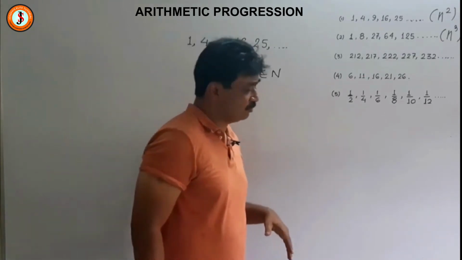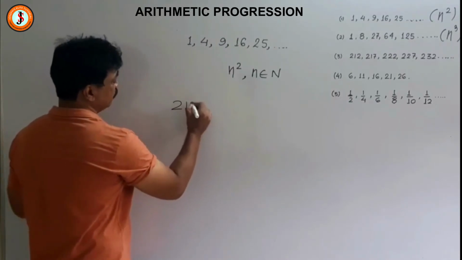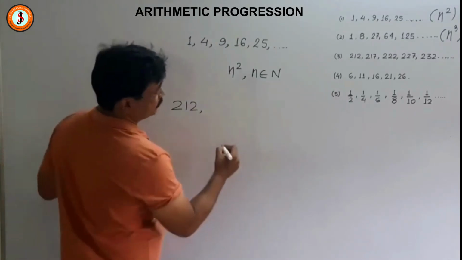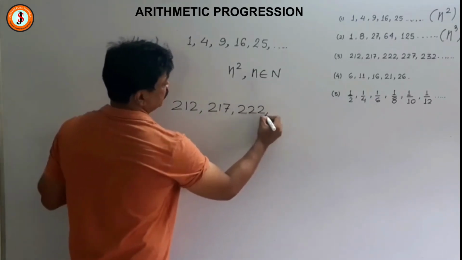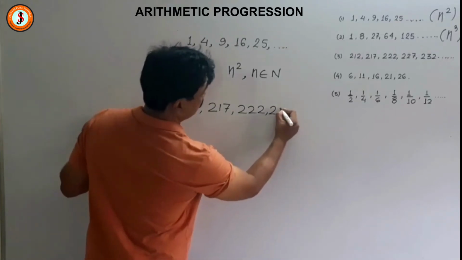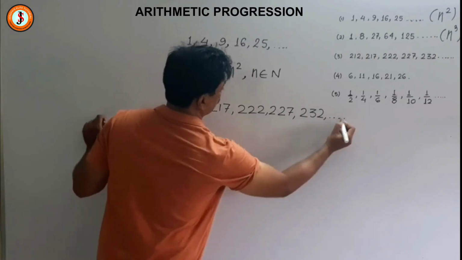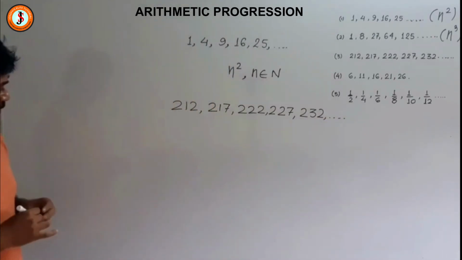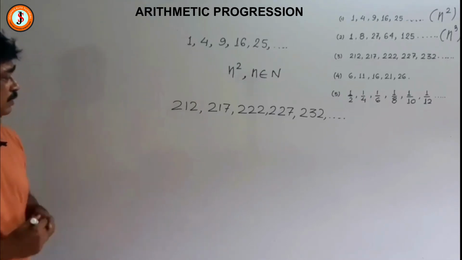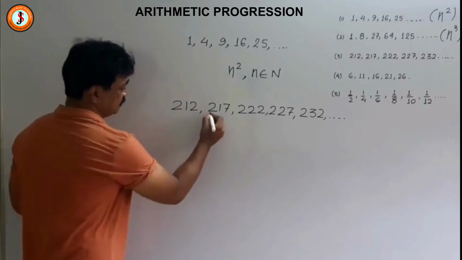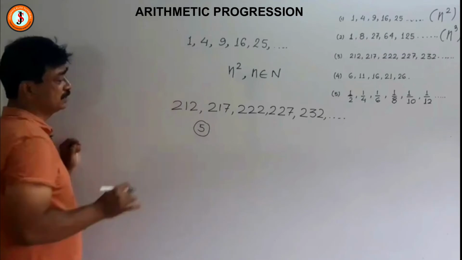Now we come to a very important part. Let us very quickly have a look on this. 212, then 217, then next is 222, then next is 227, and next is 232. So there is a pattern, if you will carefully examine. 217 minus 212 will be 5. So the difference of a term with its preceding term is 5.